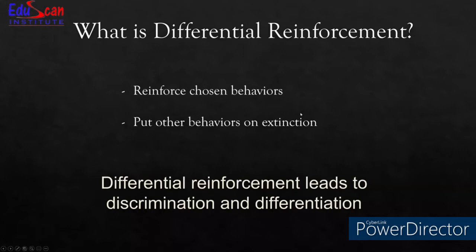Differential reinforcement has multiple types: DRO, DRI, DRA, DRH, DRL, DRD, and so forth. But let's try and understand what all these are. DRO is differential reinforcement of other behavior. DRA is differential reinforcement of alternative behavior.